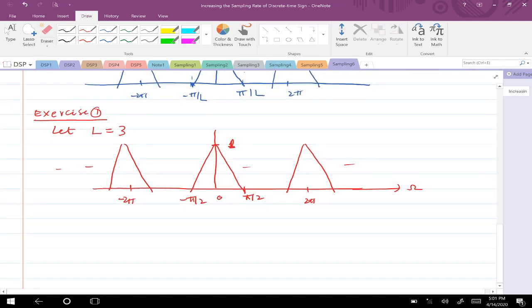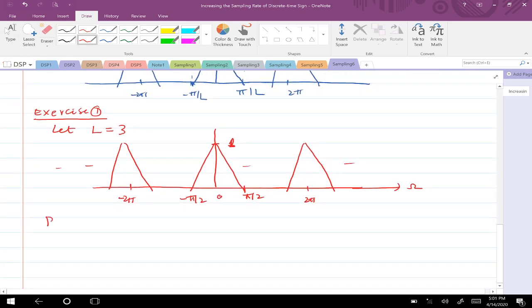So what I would like you to do is plot and label, with some approximate scaling, the magnitude of X_e of e power j omega, and X_i of e power j omega, and also the magnitude of X of e power j omega.